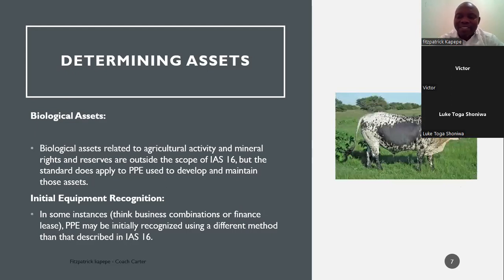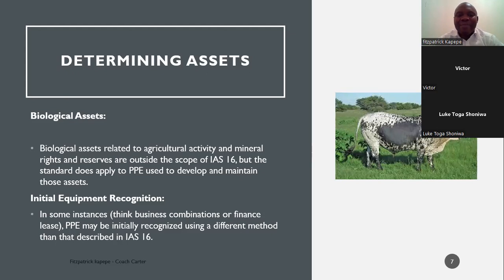So we start with the first, biological assets. These are related to agricultural activity, and mineral rights and reserves are outside the scope of IAS 16. So biological assets and mineral rights and reserves are outside the scope of IAS 16.